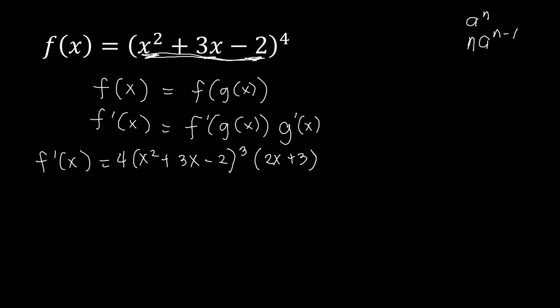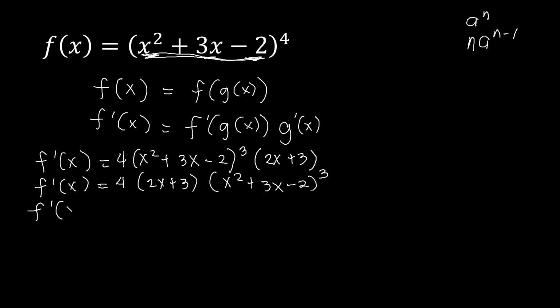Then we do our simplifying. By the way, some teachers would allow this one as a final answer, but in my case, I would love to see that this 4 here will be multiplied to 2x plus 3, and then this x squared plus 3x minus 2 raised to 3 will not be touched anymore.